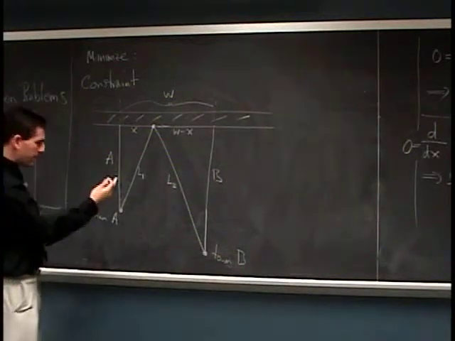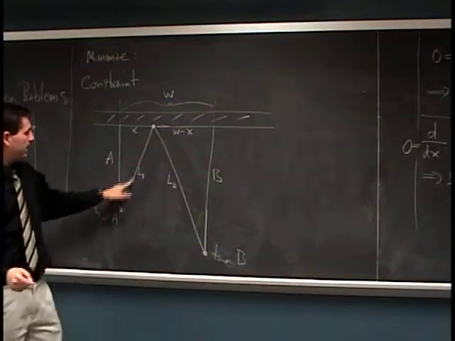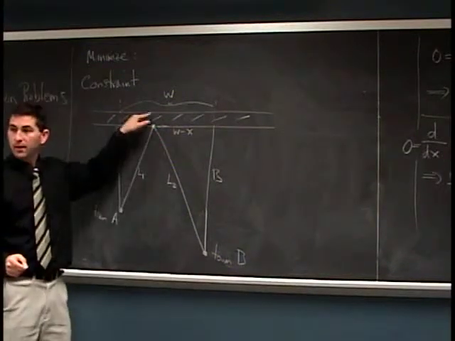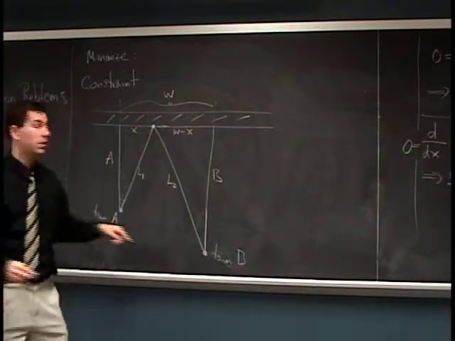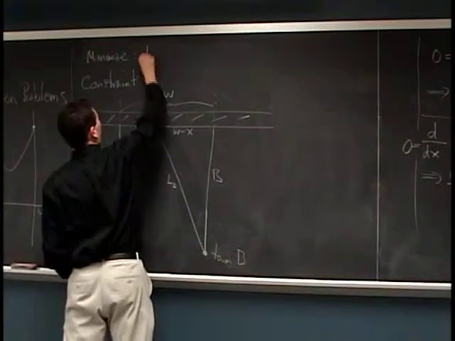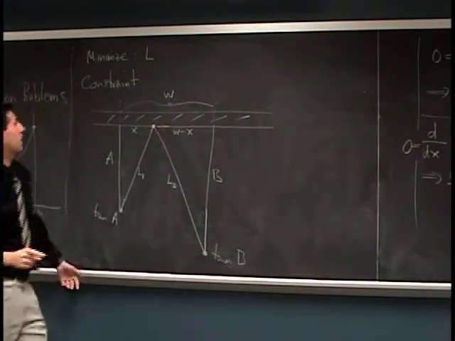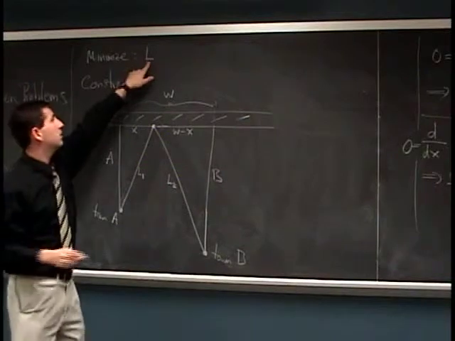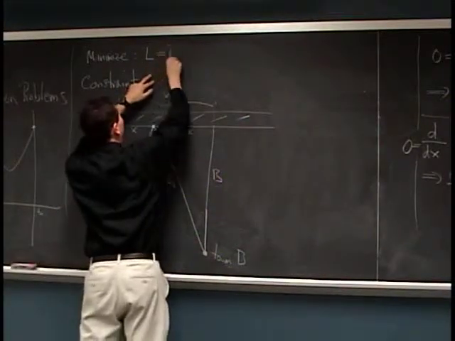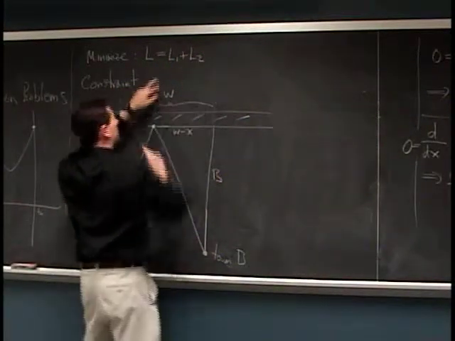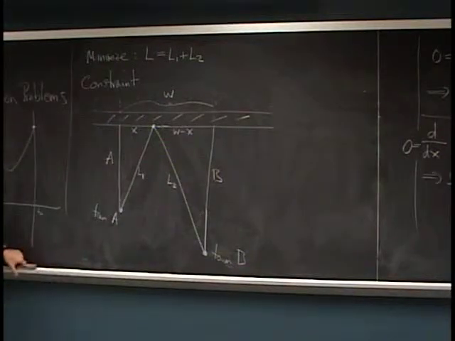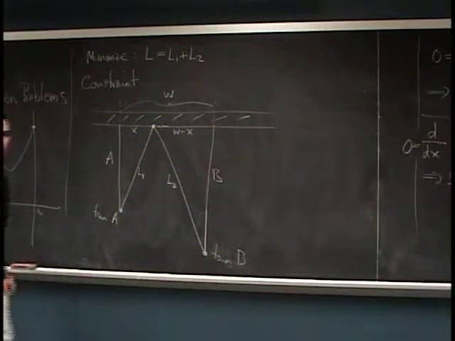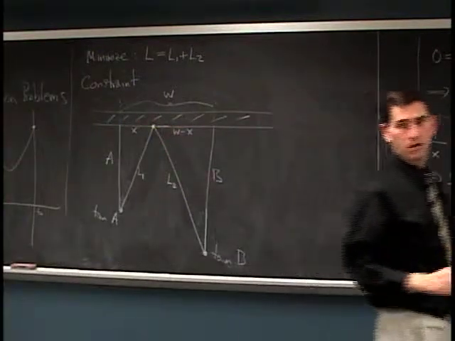What are we trying to minimize? We want to minimize the amount of pipe, that's L1 plus L2. Let's say that L will be their sum. We want to minimize L equals L1 plus L2. And what is our constraint in this case?